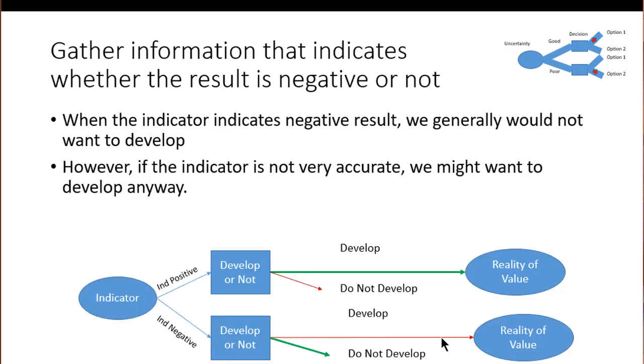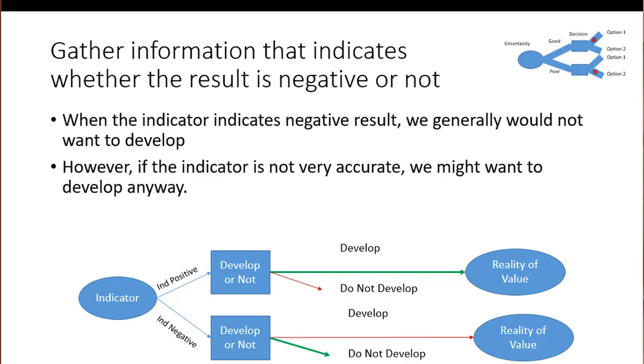So conceptually, we think about decision trees when we talk about value of information. To have value of information, we have to have a decision following some sort of uncertainty. Now, if this is the reality curve, we have perfect information, but it can also be imperfect.